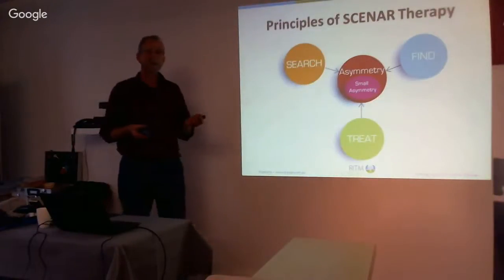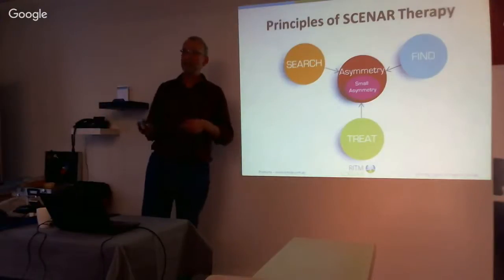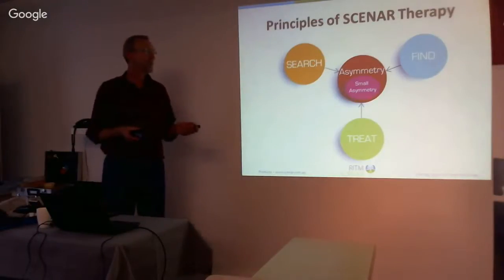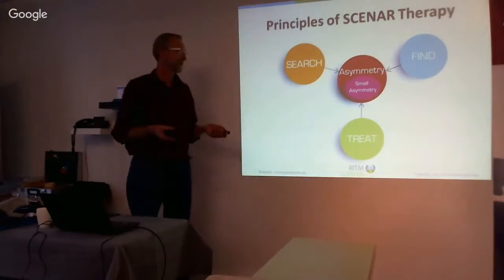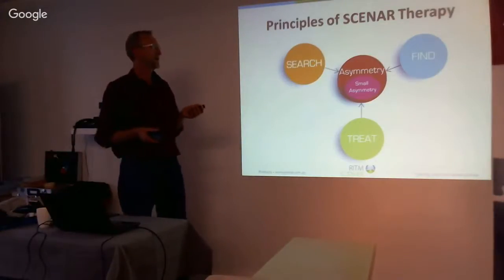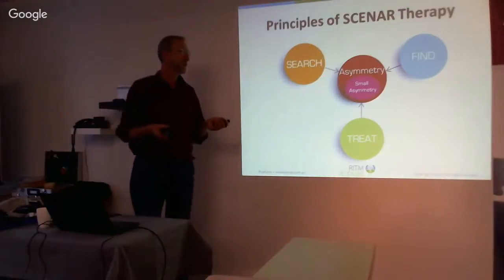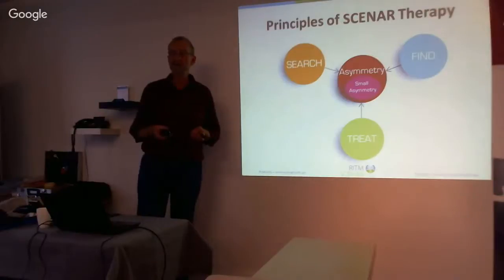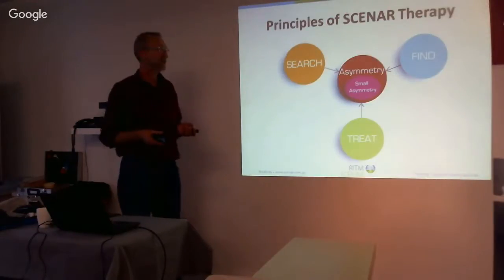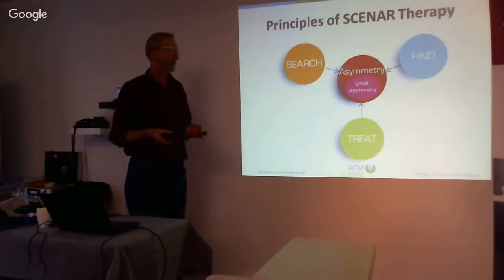What we want to do with either the brushing or with the numbers is find the asymmetry and the small asymmetry. And I will show you in a minute what an asymmetry looks like or feels like. But in Scenar therapy, the only thing we do, we search, we find, and we treat the asymmetry and the small asymmetry. That's all we do. Sounds very simple, but there are a few tricks in the trade that we try to teach you in these training seminars.